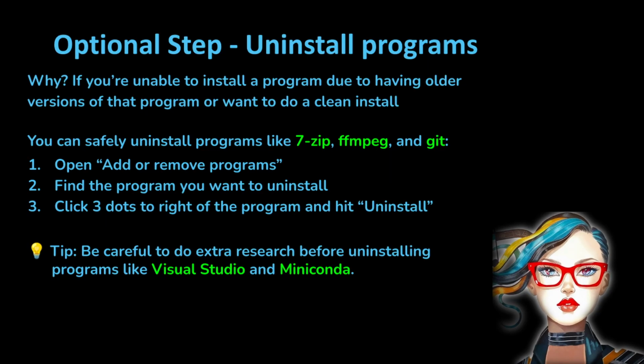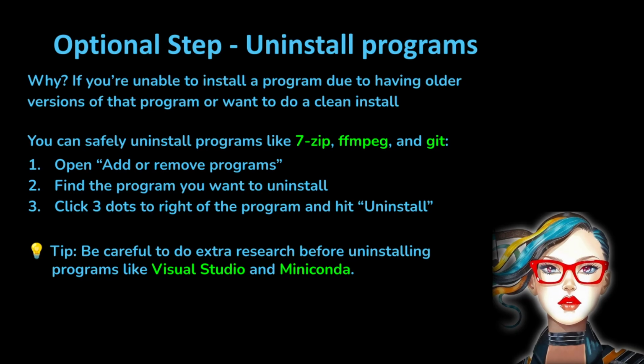Now here's an optional step, which is how to uninstall programs on Windows. And this is only if you experience issues or need to uninstall programs or older versions of programs because it tells you to. So only really do this if it's necessary, because sometimes uninstalling software could have some unintended consequences.